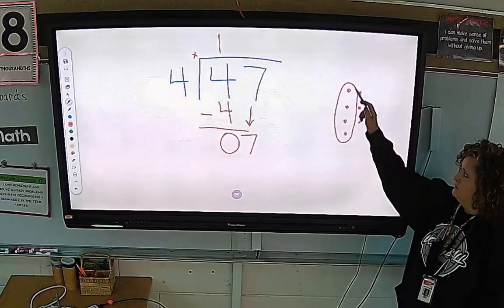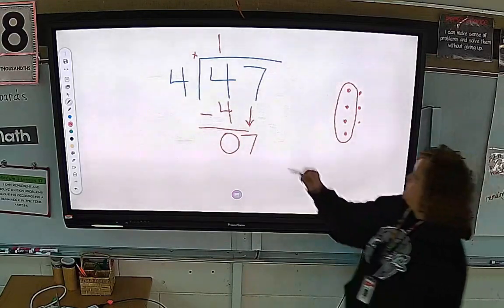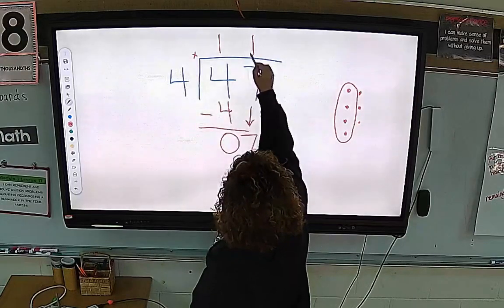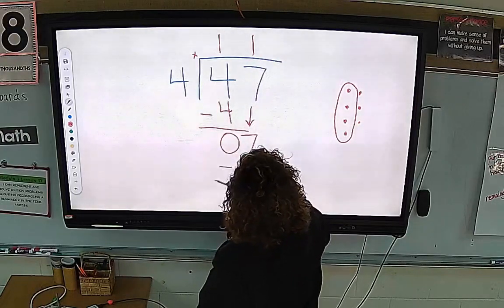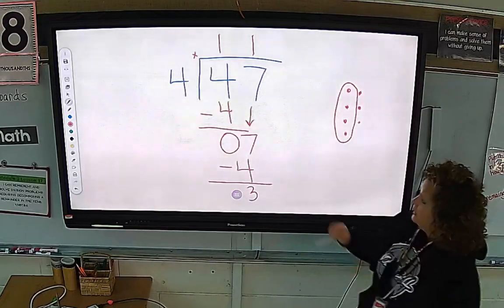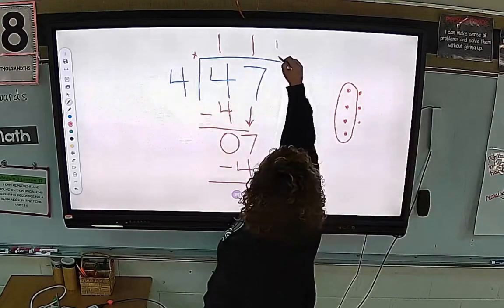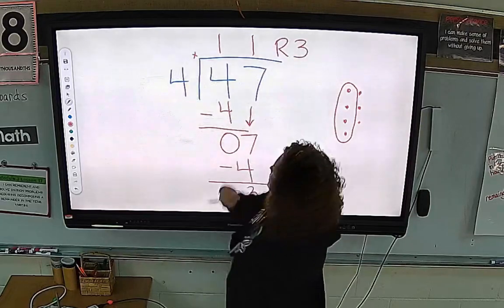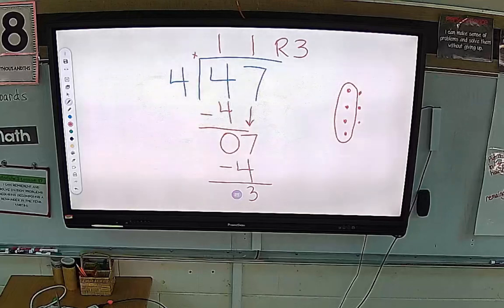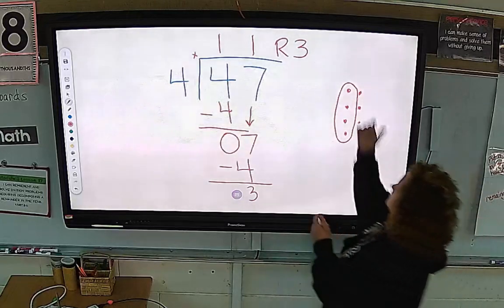Just once. Okay. So, one group of 4. 4 times 1 is 4. I'm going to subtract that and have 3 left over. Okay, 3 is too small to make a group of 4, so it is my remainder. 11, remainder 3.